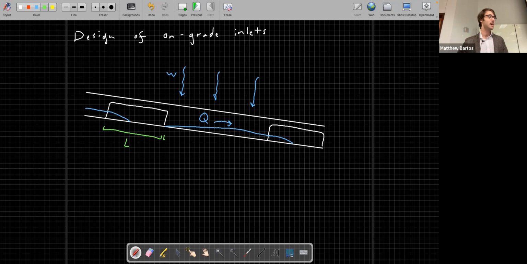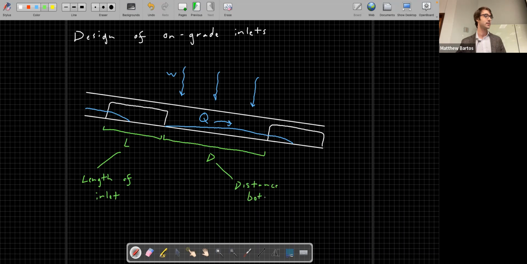And we also want to design this distance here, which we'll call D. Okay, and this is the distance between the curb inlets. So let me just write this out. L is the length of the inlet, and D is the distance between inlets.